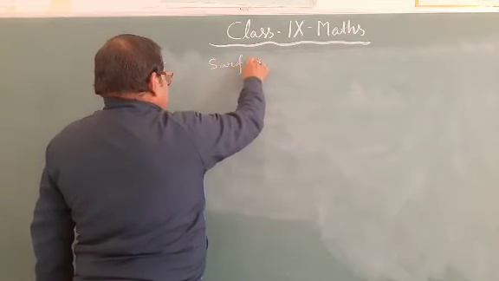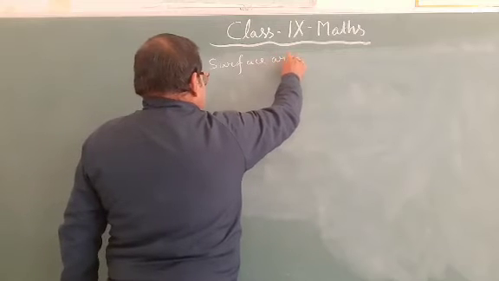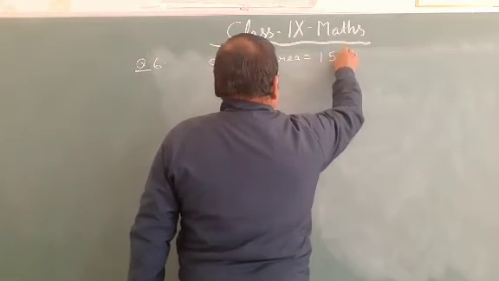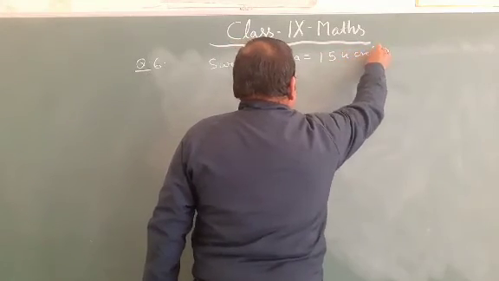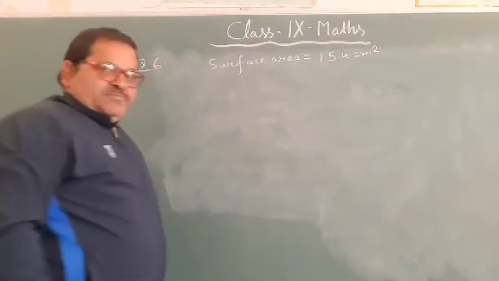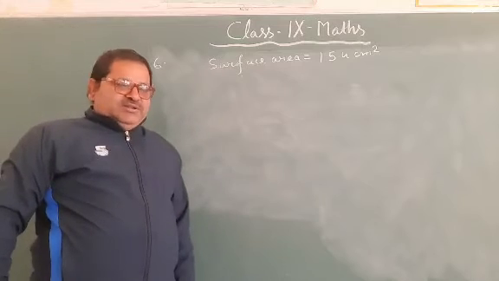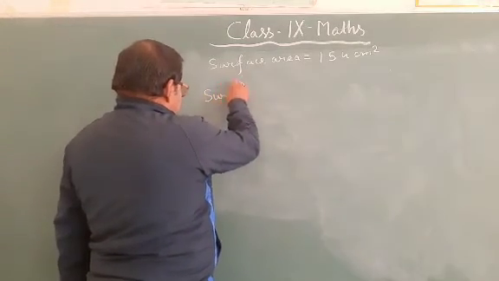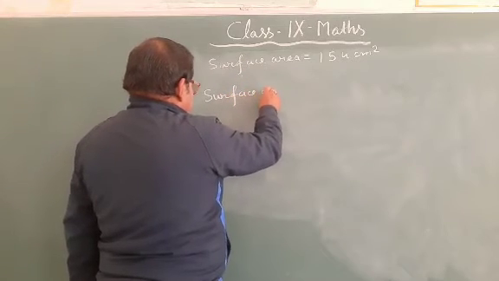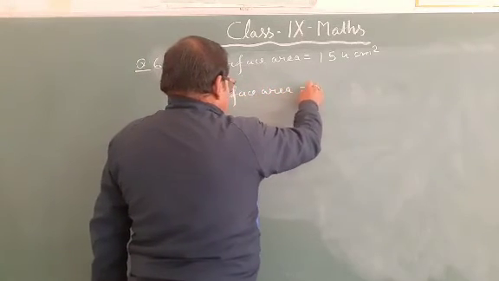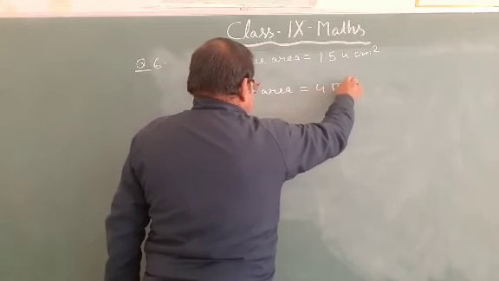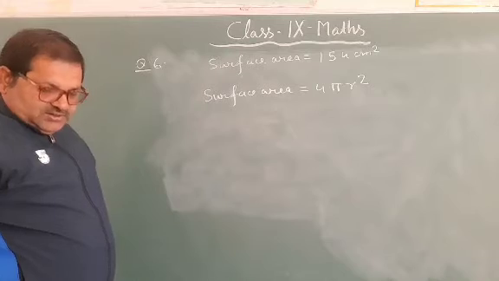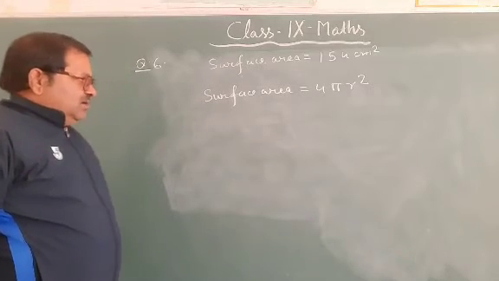So surface area is equal to 4 pi r square.